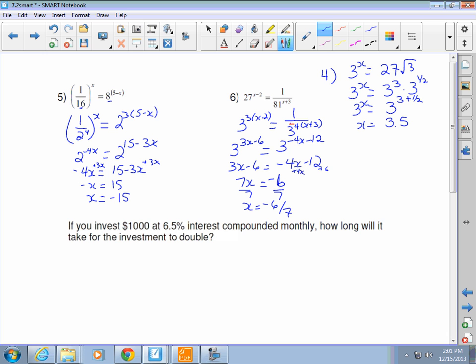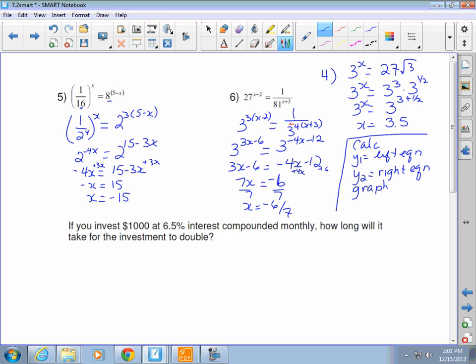Again, I'm just on the calculator. If you're doing this to solve, you'll have y1 is equal to the left equation, and your y2 is equal to your right equation. And then you hit graph. Then you want to do that second calc button.